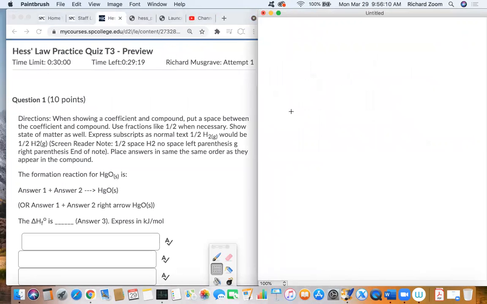Now, the definition of heat of formation, and I'm going to modify this a little bit from the way I usually do it.